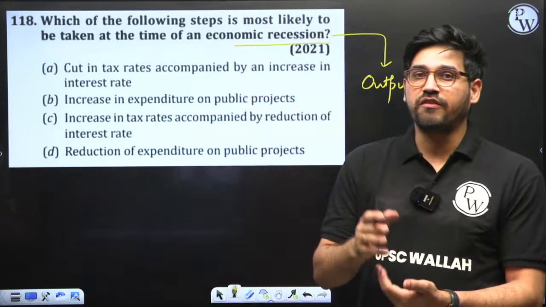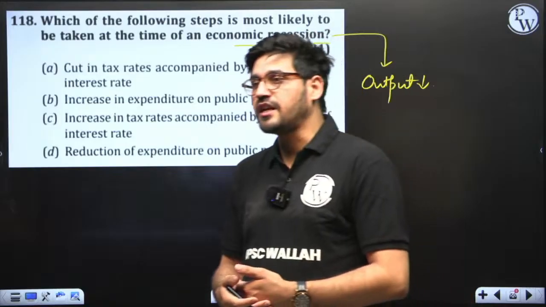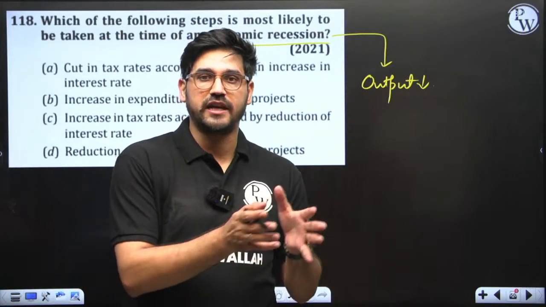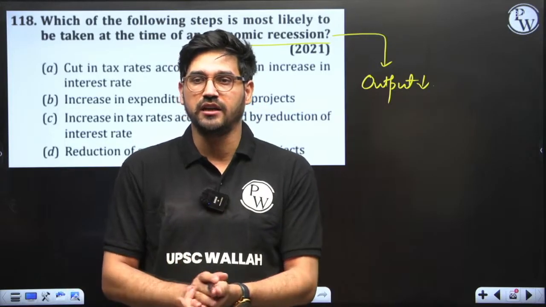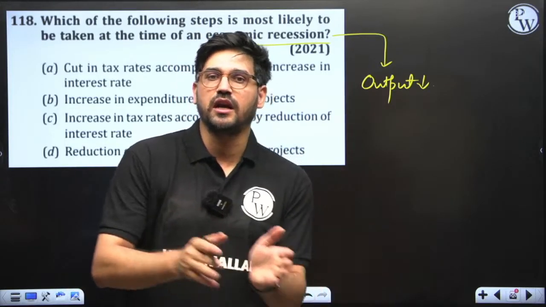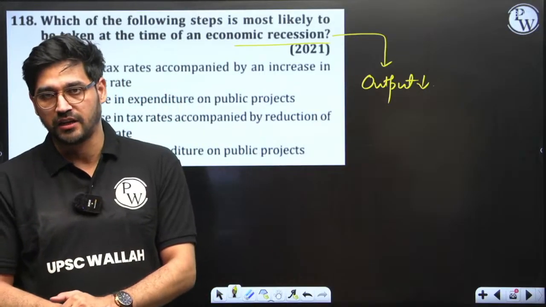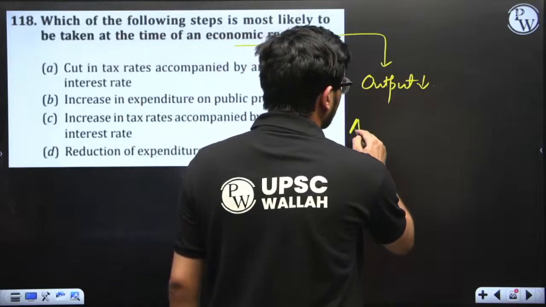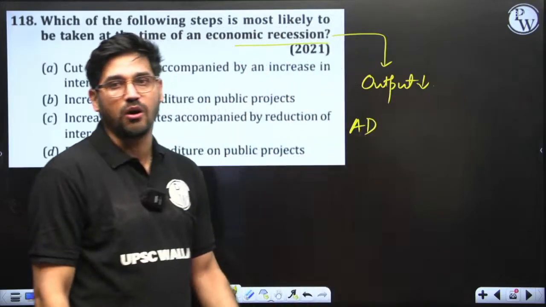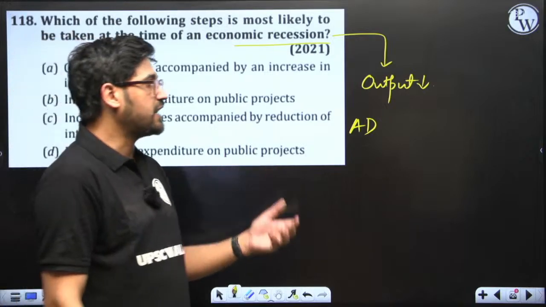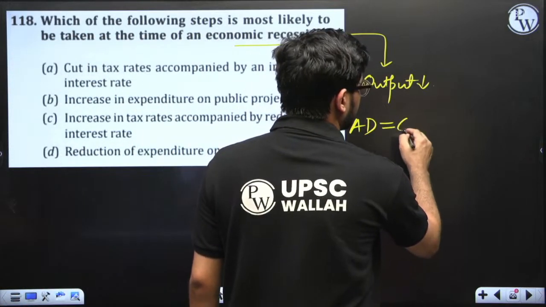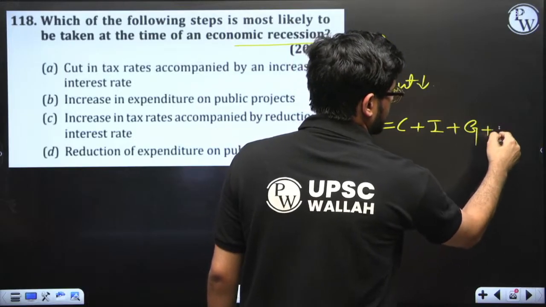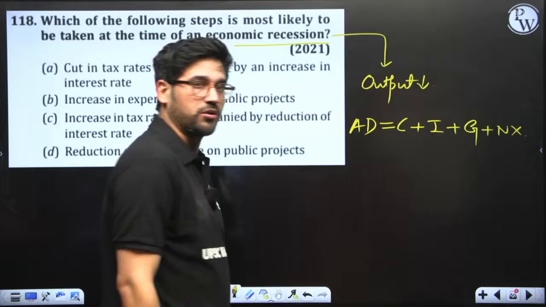Now, in case of a recession, the existing policy instruments, which could be at the disposal of either the government or that of the RBI, are called the fiscal policy and monetary policy, respectively. In case of a recession, what has to be done is that you have to revive what is called aggregate demand. And aggregate demand is comprised of consumption expenditure, investment expenditure, government's expenditure, and net exports.